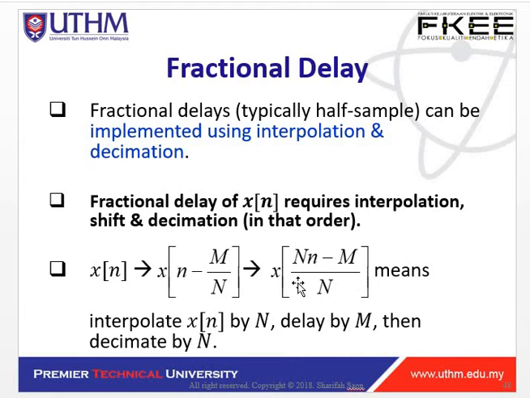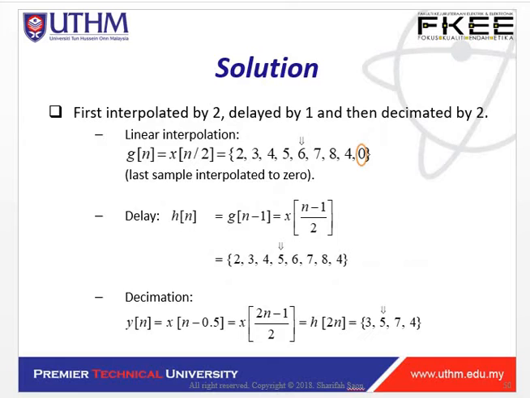So n minus 0.5 you can change to 2n minus 1 over 2. 1 over 2 you still remain the 0.5. Okay, 2n minus 1 over 2. You change the format. Okay, then follow the sequence.